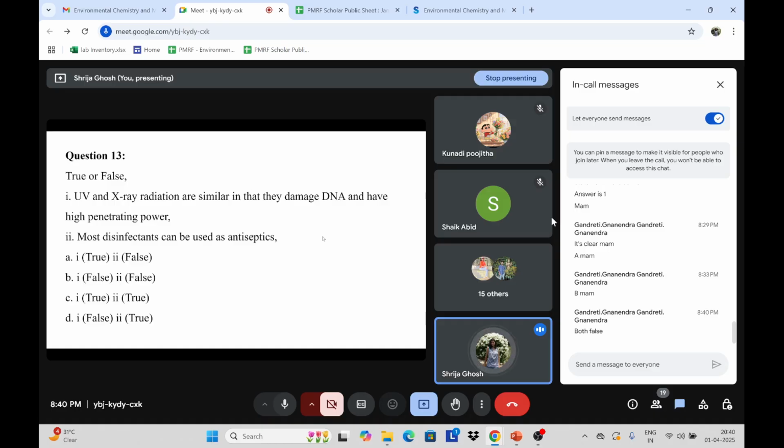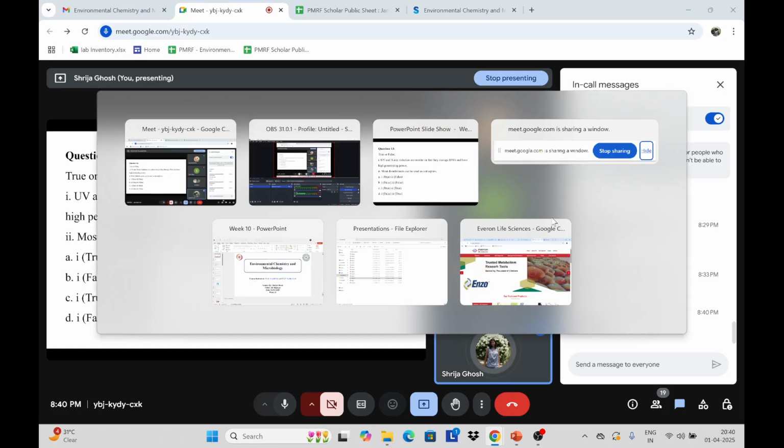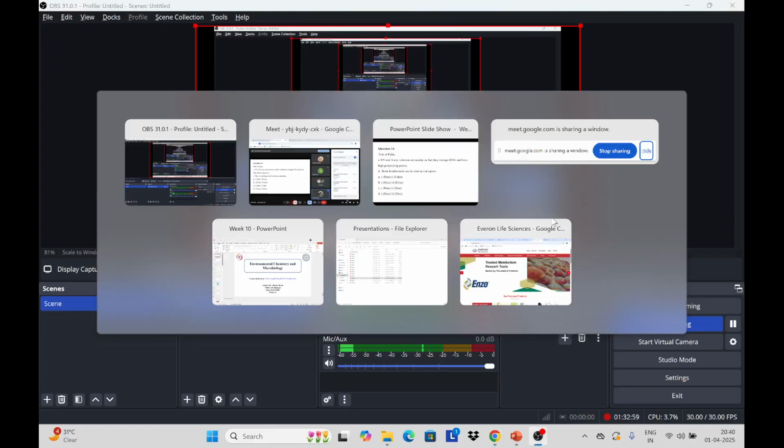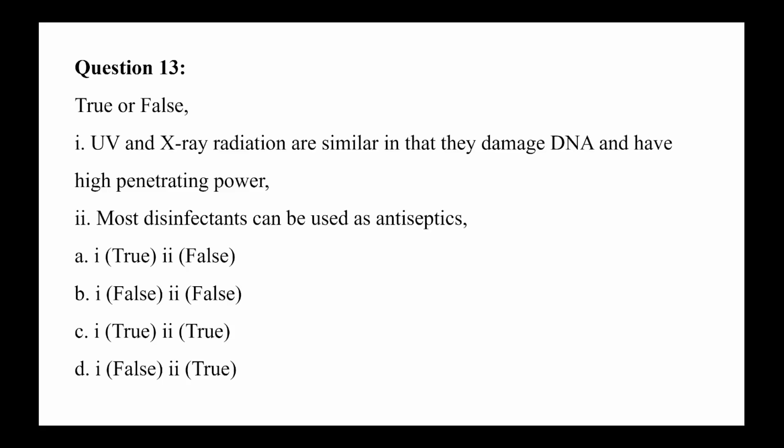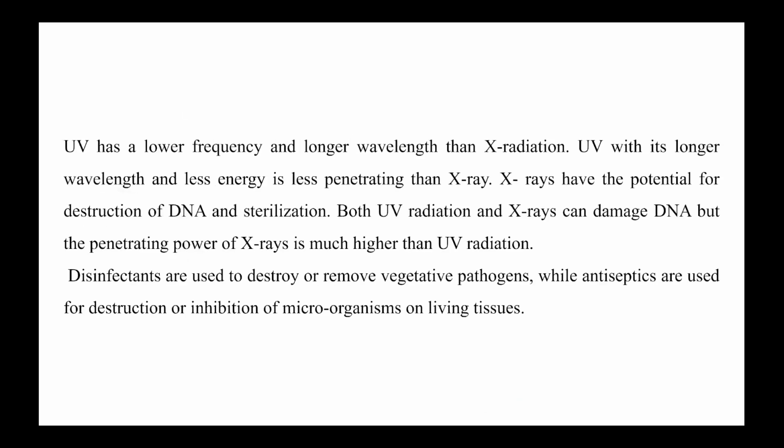Okay, both false. That is the correct answer. So you are right. Both the statements are actually false. UV and X-ray radiations can both damage DNA, but penetrating power is very different.